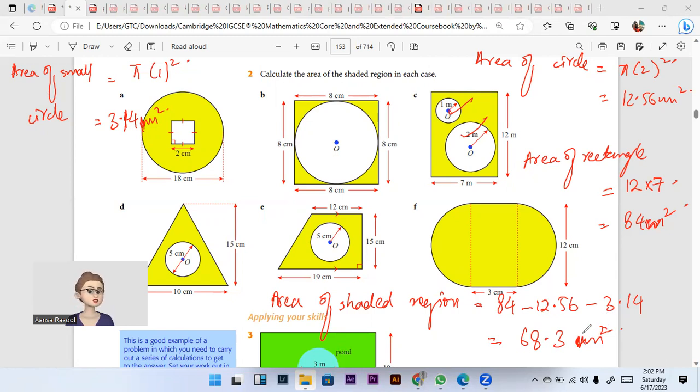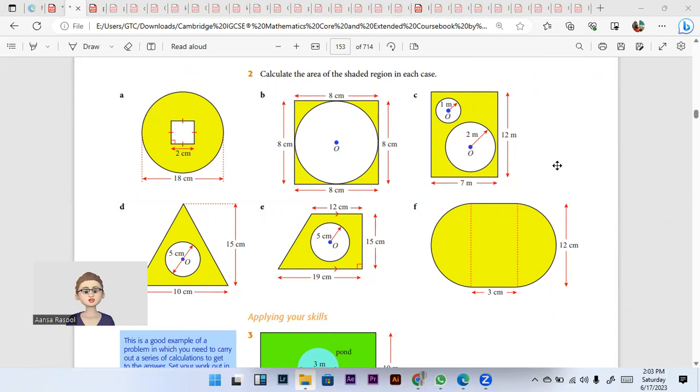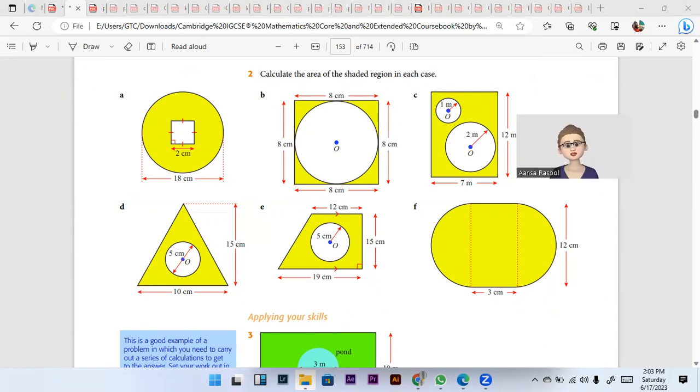But you know that in exams sometimes the question is not that easy, so I will solve past papers for that also. Next is the area of a triangle and then there is a circle in it. So the area of the triangle is half times base into height. And what is the base over here? That is 10 and the height is 15.